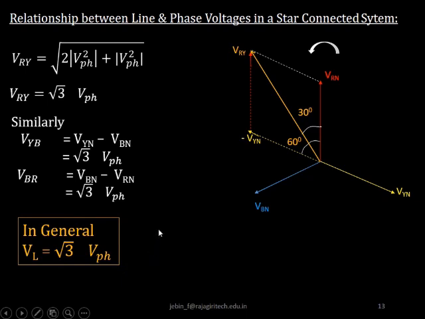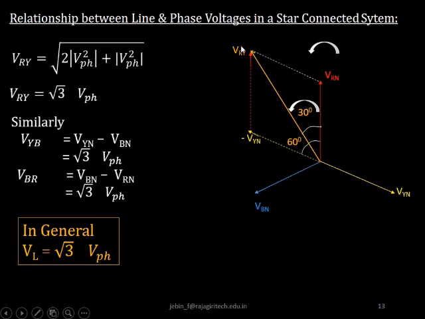Now we'll see what is the angular displacement of VRY with respect to VRN. So the figure represents the phasor representation of a three-phase balanced star connected system where VRN, VYN and VBN represent the phase voltages. So here you can see that these three phases are rotating in the anti-clockwise direction with an angular speed of omega.